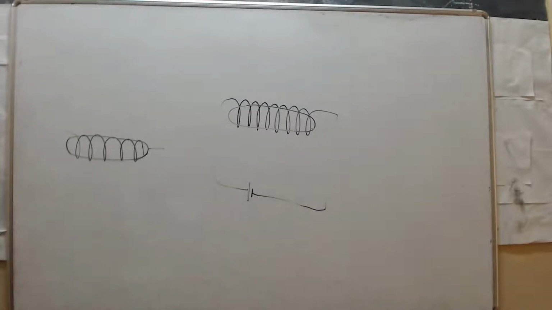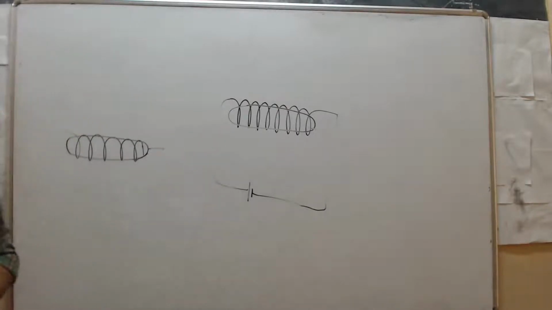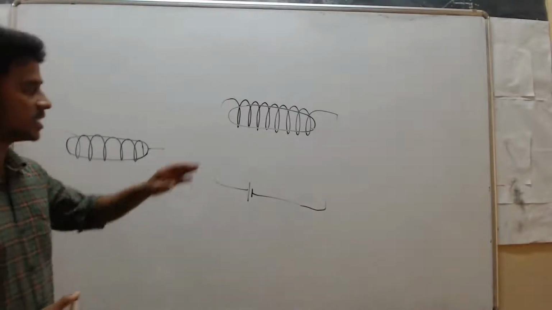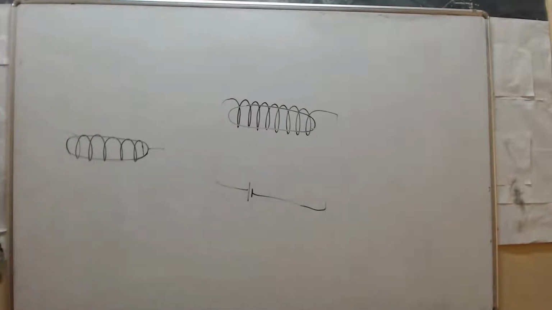Or in simple words, a strong magnetic field can be produced inside a solenoid. This strong magnetic field can be used to magnetize a piece of magnetic material like soft iron when placed inside the coil. The magnet so formed is called an electromagnet.